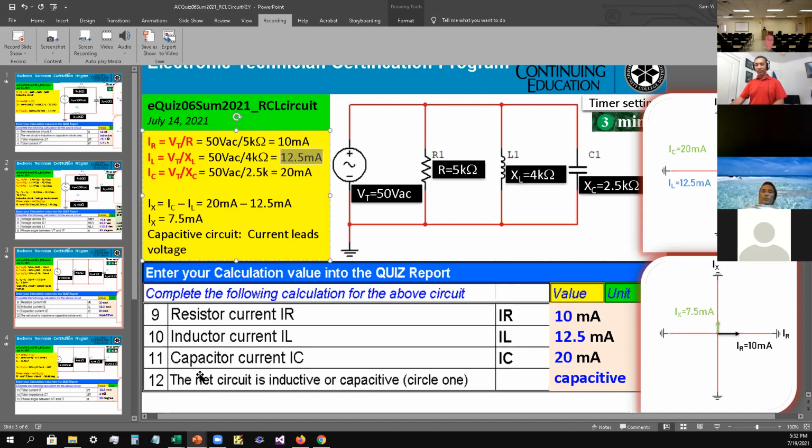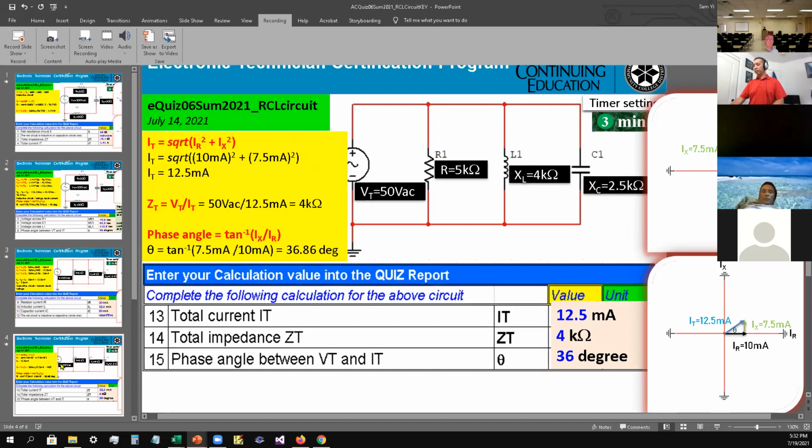Next, number 13, they want the total current, IT. IT equals the square root of the quantity IR squared plus IX squared, which we calculated a minute ago.